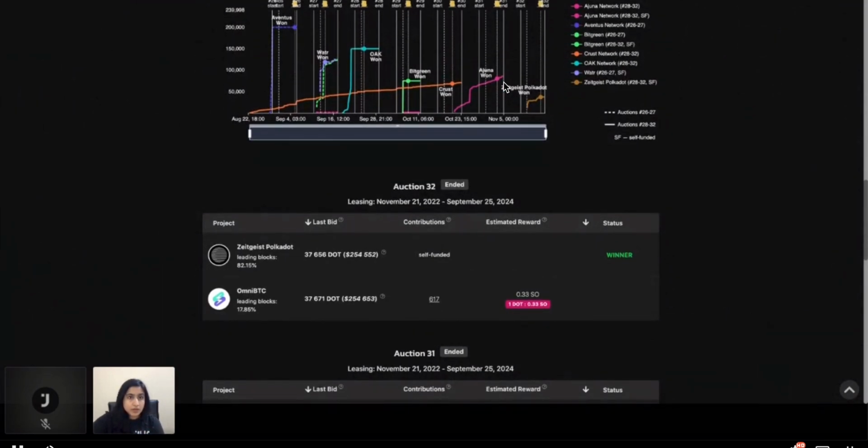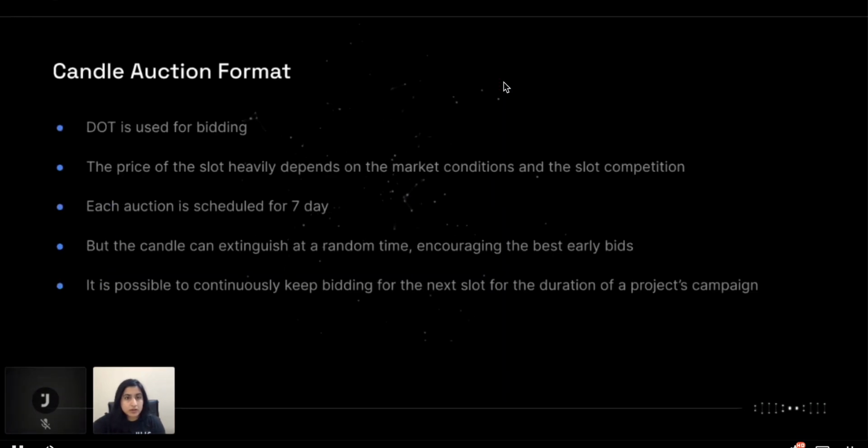Now, coming back to our presentation, like we saw in that format, every auction is scheduled for 7 days. Every week there is one slot which is up for bidding, and the slot stays up for bidding for 7 days.